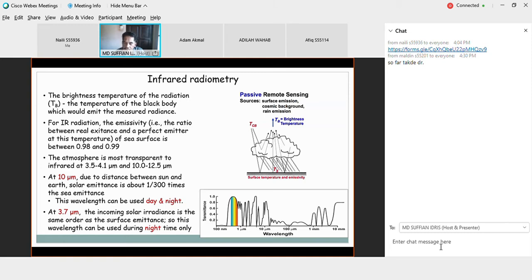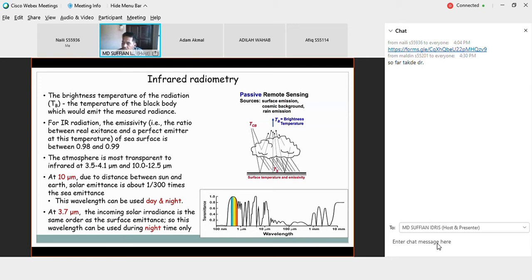At 3.7 micron during the daytime, because of the very high emission of infrared radiation at 3.7 micron, this wavelength can only be used during night time.